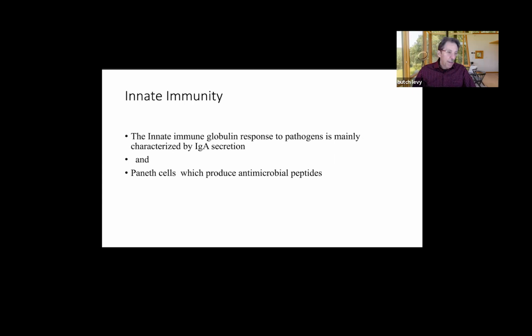So you sampled the environment, you've determined it's something that you don't want, you've created this response immediately that you want chemicals, you want immune globulins, you want natural antimicrobials to come and take care of this.